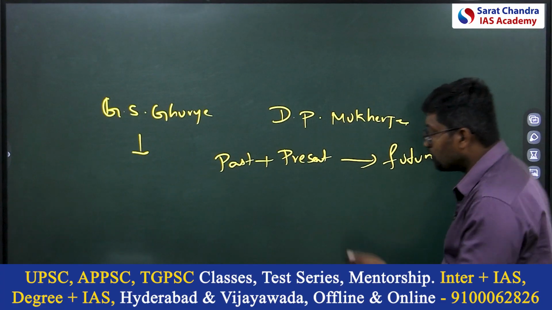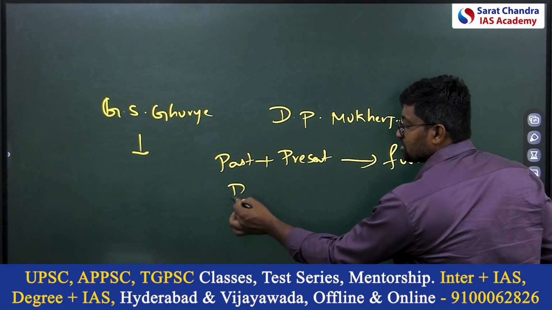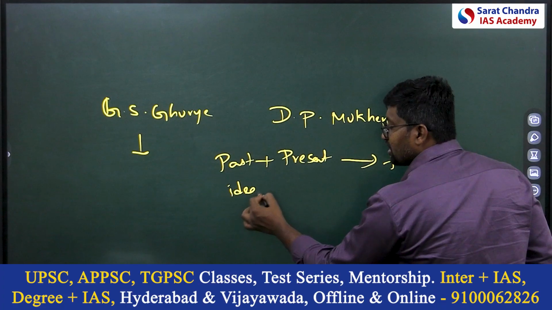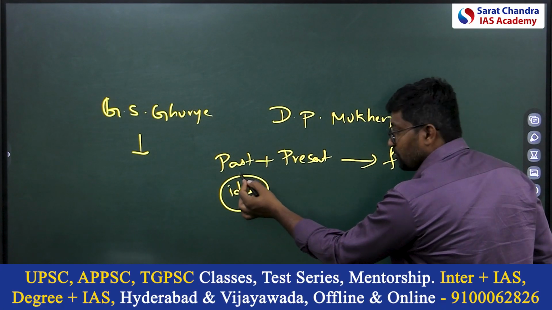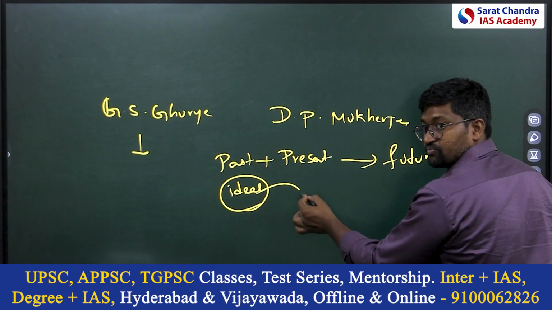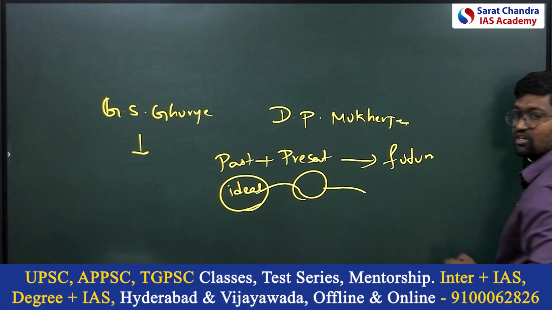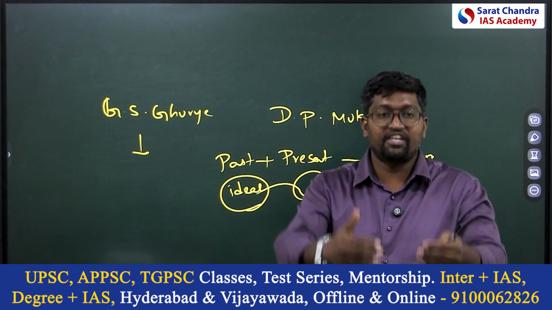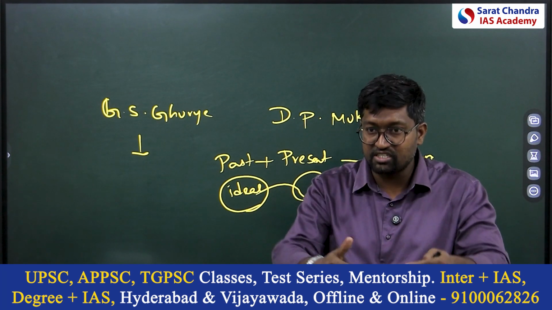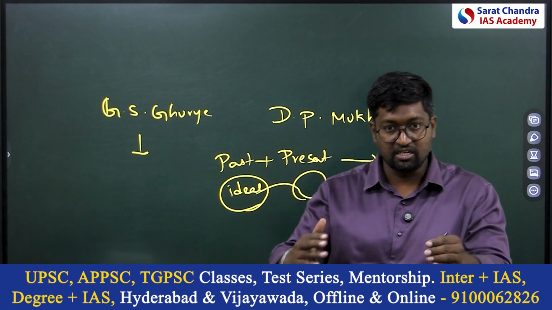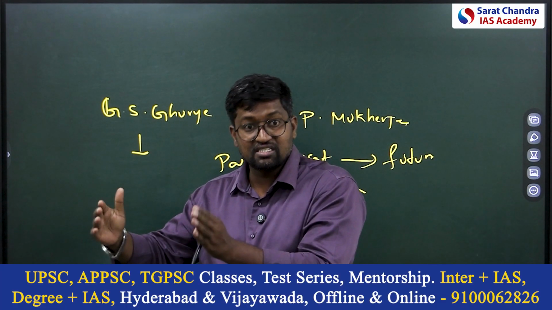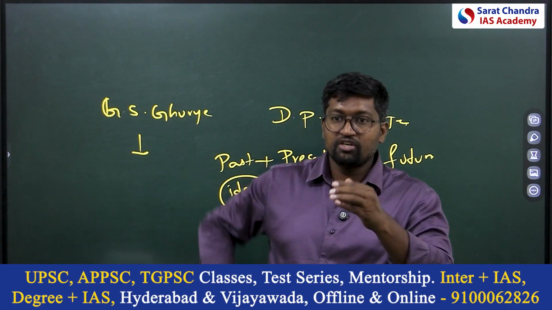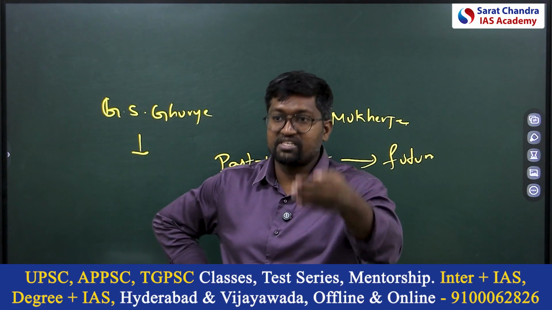This is how we see dialectics, meaning ideas or traditions change from past to present, and through this it is changing into the future. So D.P. Mukherjee is talking about changing traditions, how family values are changing, how marriage values are changing. Earlier marriage was considered sacred, now marriage is changing. You understand my point? He is talking about changes taking place in traditions.